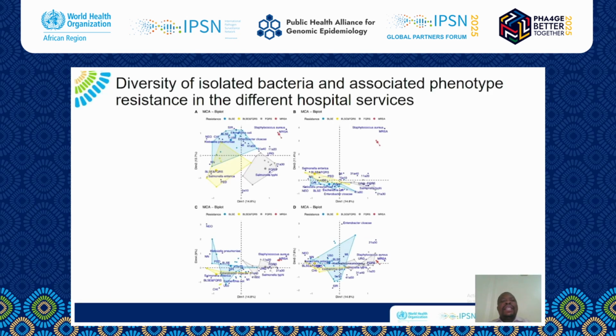We tried now to make some association analysis, and as you can see highlighted in that plot, for example, Klebsiella pneumoniae enterica, as well as Salmonella and Escherichia coli, were the most isolated bacteria related to internal medicine as well as the surgery care unit.